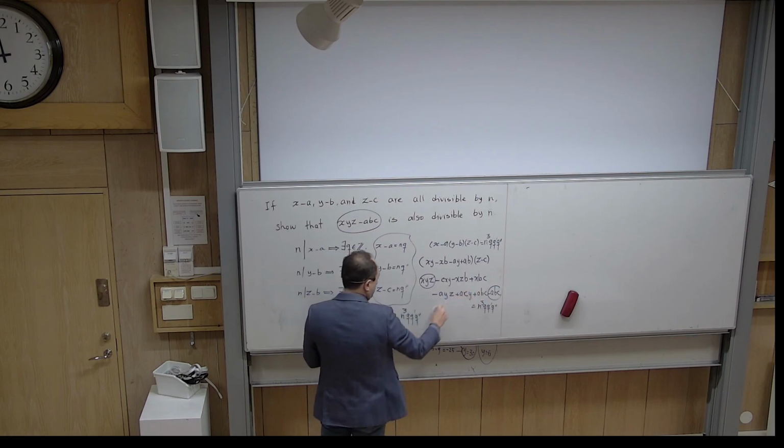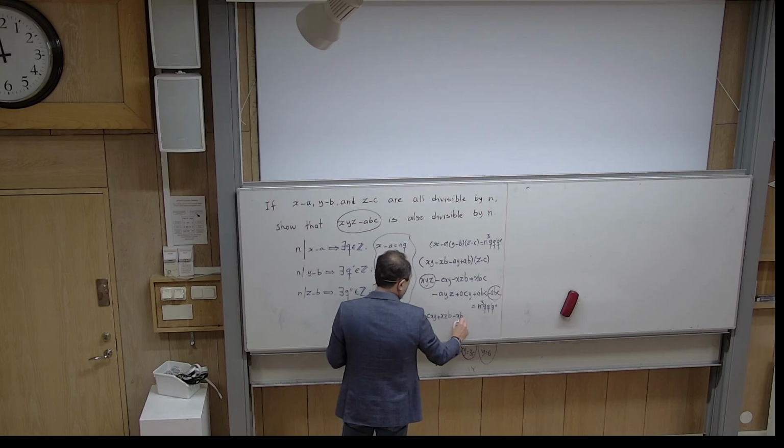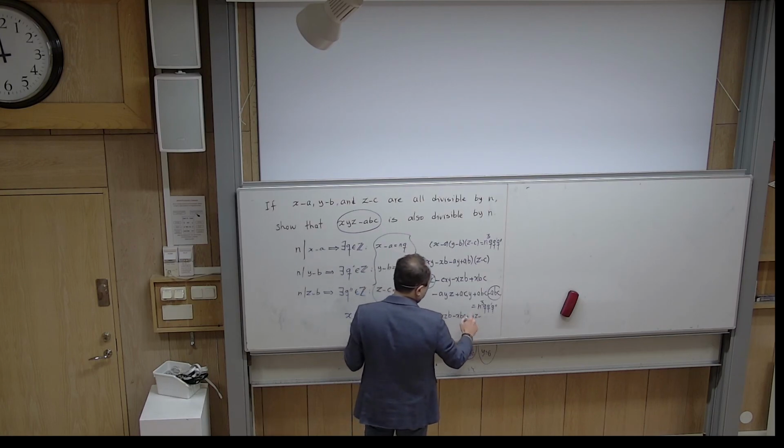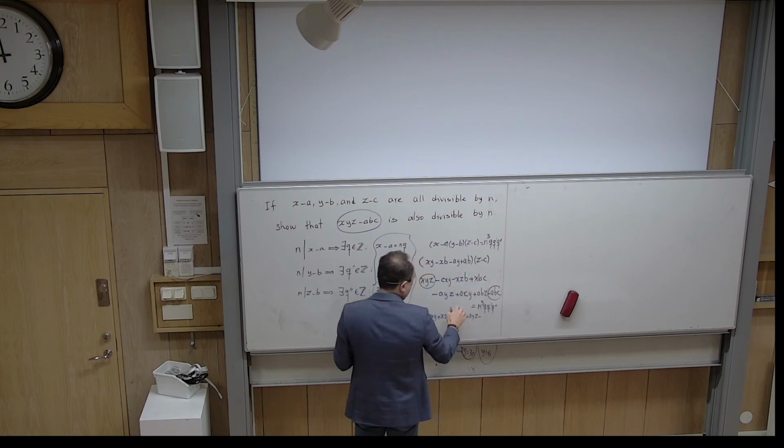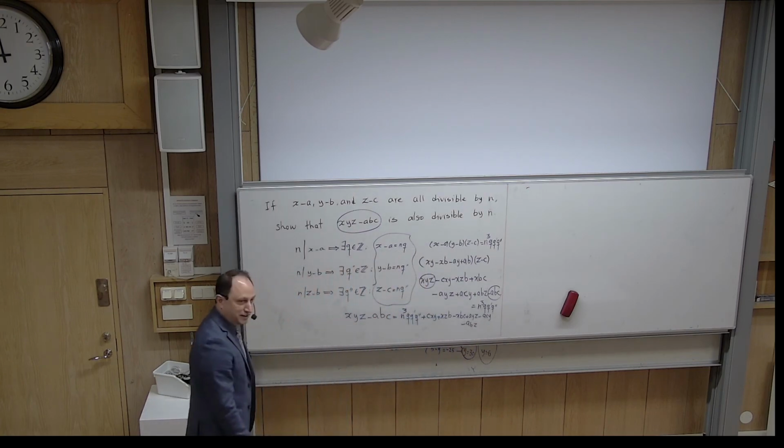And then you move this to the other side, plus cxy plus xzb minus xbc plus ayz minus, I made a mistake here. What was that? It is abz, sorry, abz. And then minus acy minus abc. So that is what we have, and now it is your responsibility to tell me how to continue.